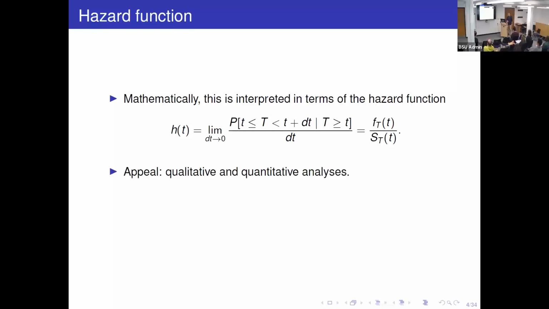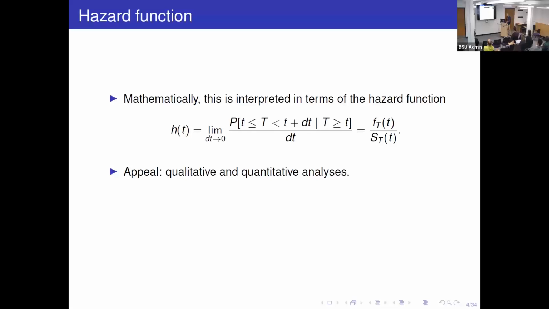And it has some appeal for quantitative analysis. Most of the regression models in survival analysis are based on the hazard function, perhaps due to historical reasons. But there is also an appeal in terms of qualitative analysis, like trying to understand the evolution of the hazard function over time.